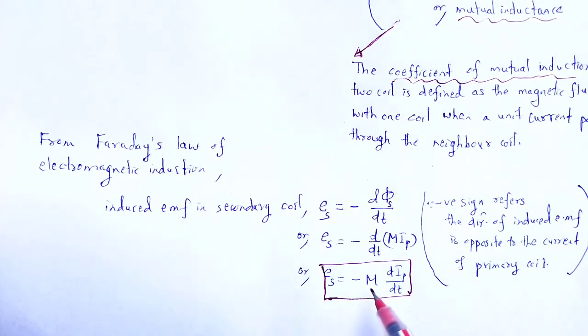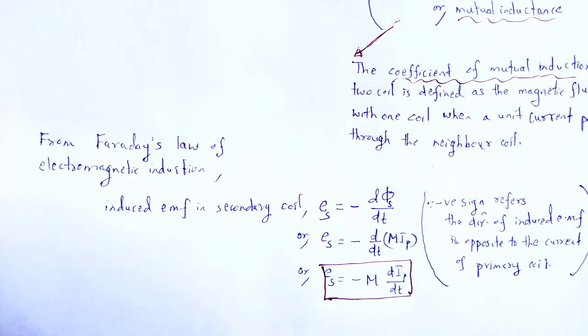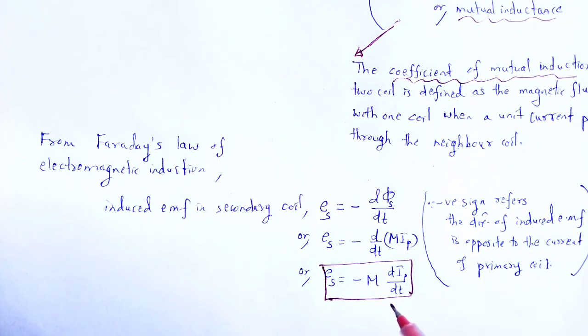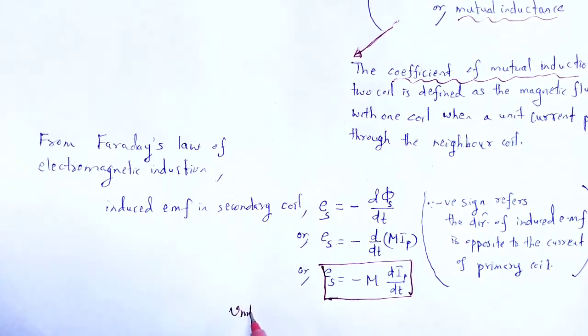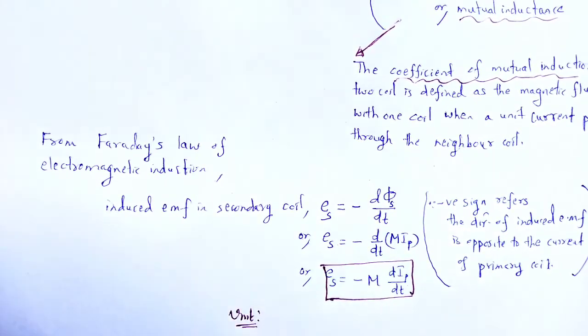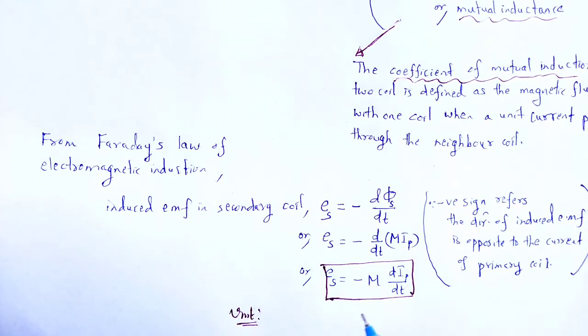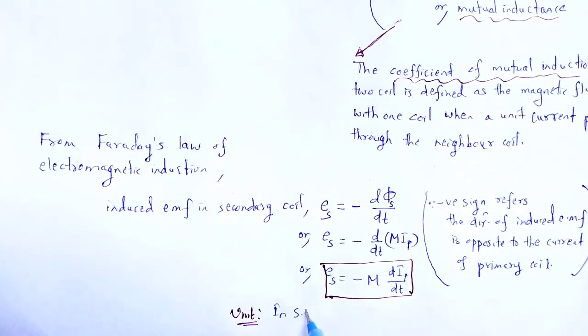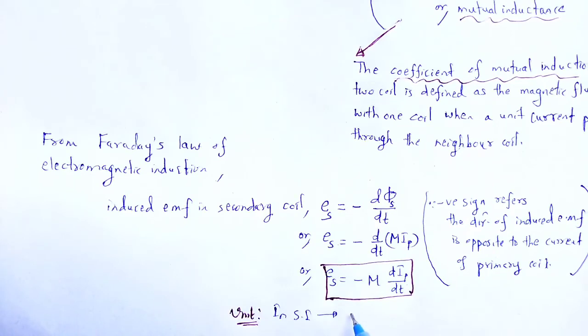Now, the coefficient of mutual induction, or mutual inductance of the coils, has the SI unit Henry.